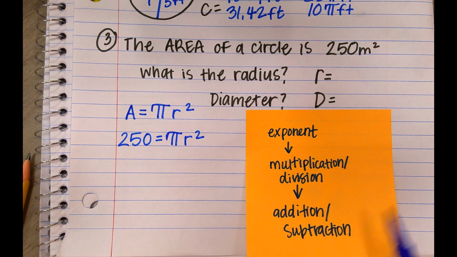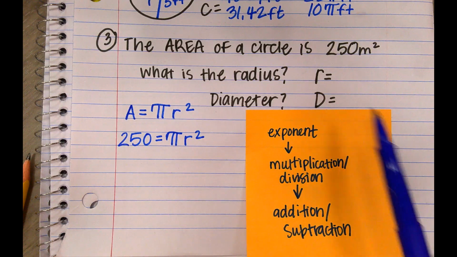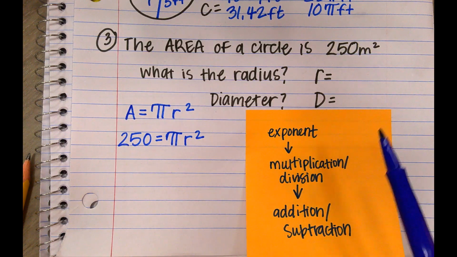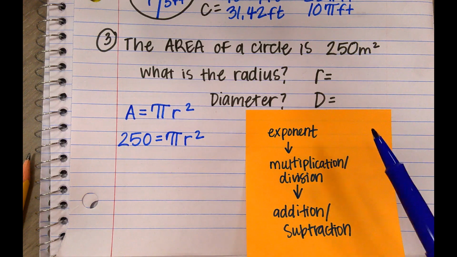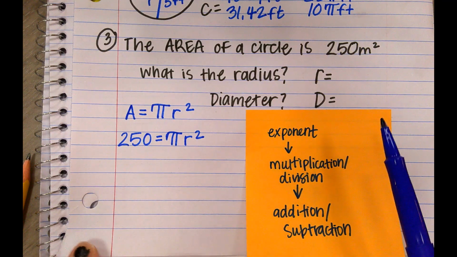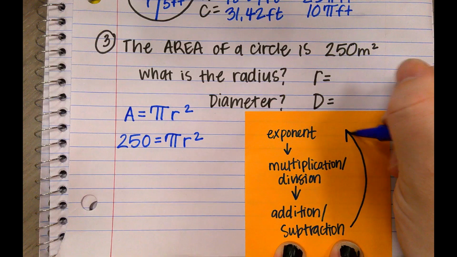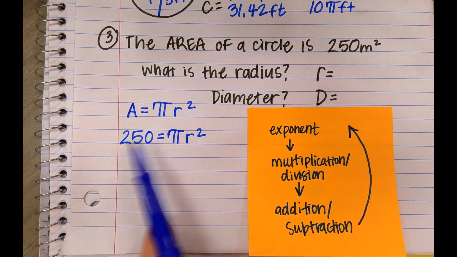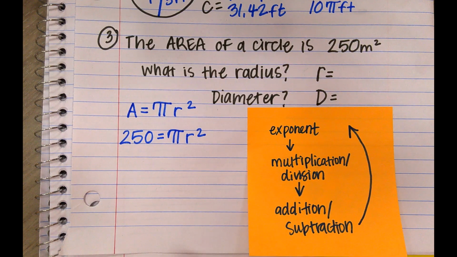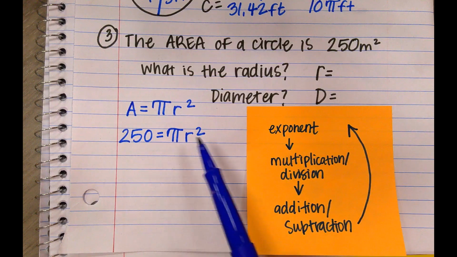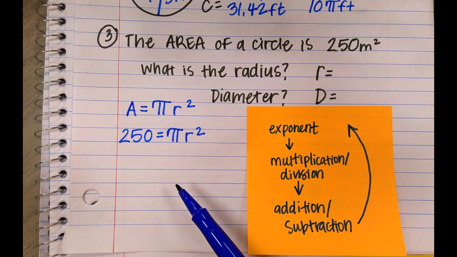We get rid of addition and subtraction. Then we get rid of multiplication and division. And then if there's a square, we would take the square root. Maybe that's ringing a bell. Maybe not. We'll run through it. We're going to go in the opposite order. So there's no addition or subtraction here, right? Is there multiplication or division happening here?